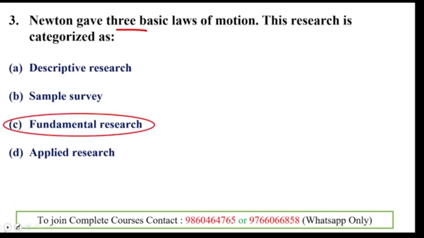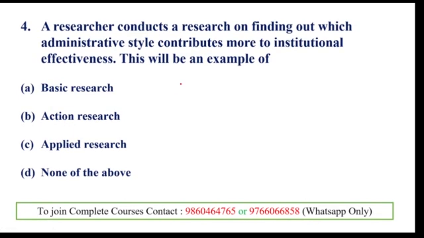Clear? And moving to the fourth question: a researcher conducts research on finding out which administrative style contributes more to institutional effectiveness. So here the researcher wants to find an ideal administrative style that contributes to the effectiveness of that particular institution.